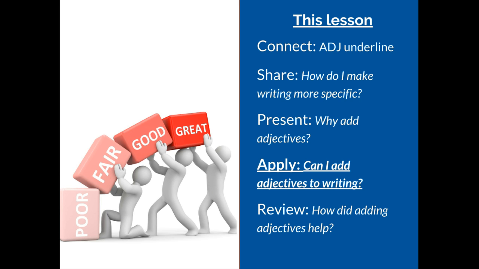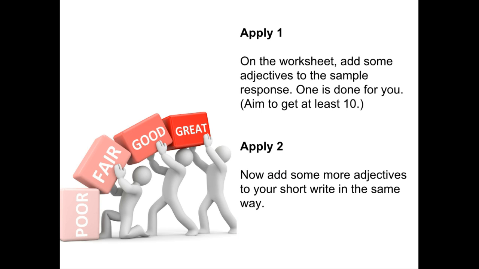So now let's try to add some adjectives to our own writing. I'd like you to please pause this video and give yourself time to do both of these tasks.